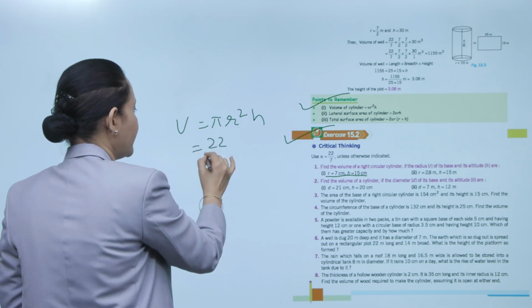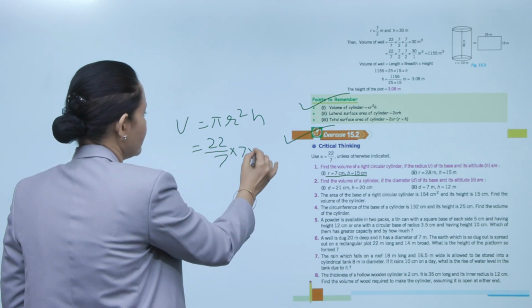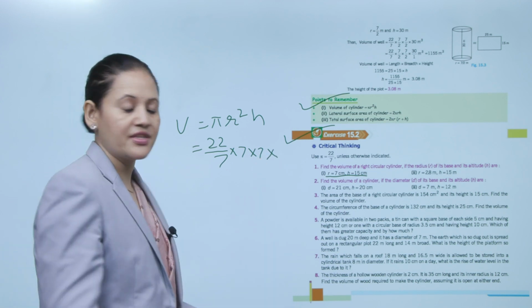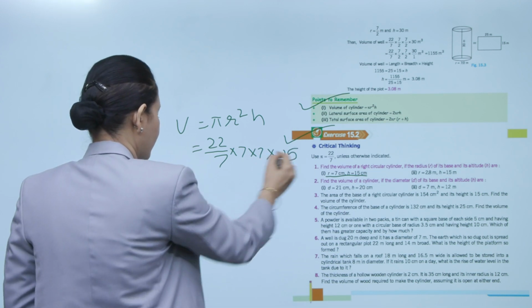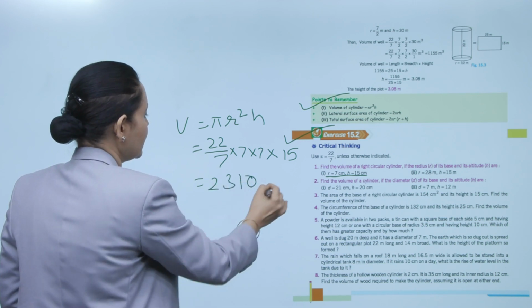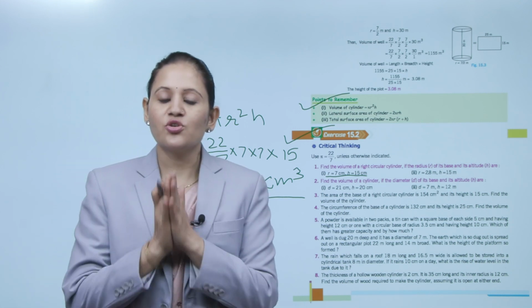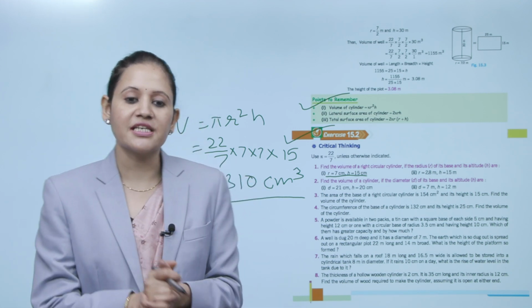So we'll take pi as 22 upon 7. R is given and height is given, that is 15 centimeter. So that is equal to 2310 centimeter cube. That is the volume. Clear? So you have to practice all the questions of this exercise.